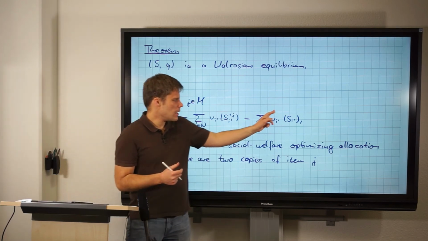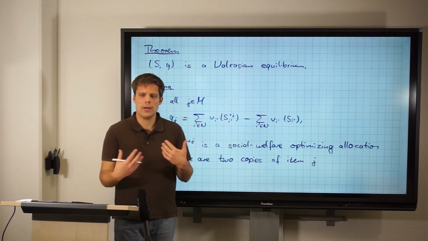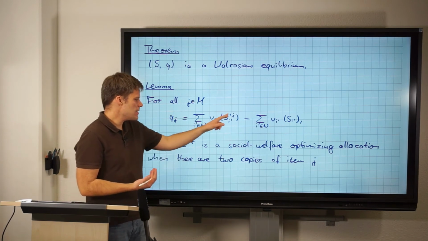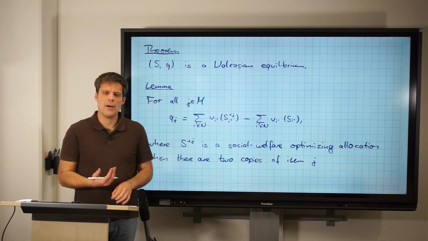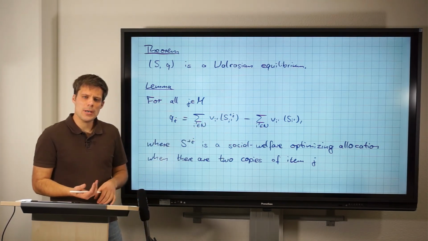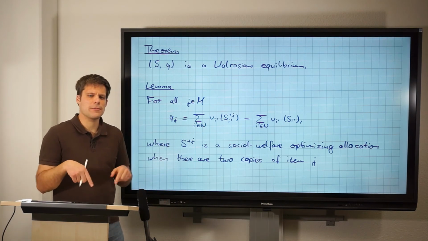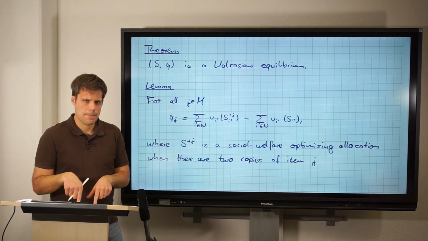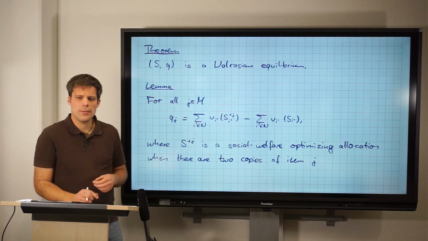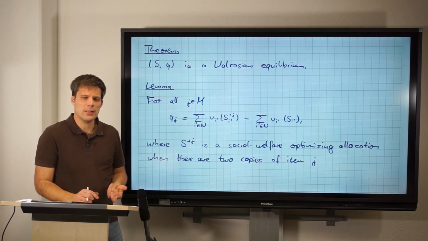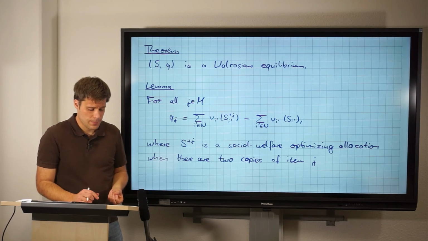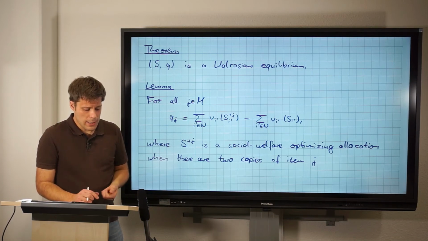So this is again our social welfare if we have each item once. This is the social welfare where we have all items once except for item J, which we have twice. And the interesting thing is this is an equivalent way of stating the VCG payments. Why is this true?